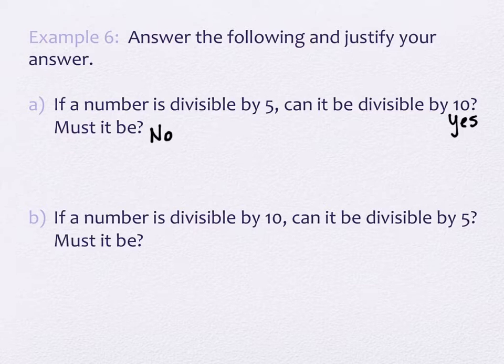It could end in a 5, and if it ends in a 5, then it would not be divisible by 10. If a number is divisible by 10, can it be divisible by 5? Yes. Must it be? Yes. All right, the direction of the argument here matters. If I'm divisible by 10, I know the number ends in 0. And if it ends in 0, then it's automatically divisible by 5.